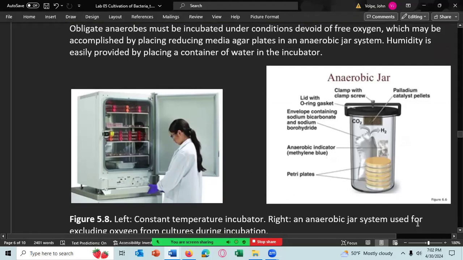And that could either be a media that removes oxygen from the media. We'll talk about thioglycolate later, probably later today, if not today, next week or next Thursday. Or an incubator that removes the oxygen and then puts in CO2, such as an anaerobic jar.